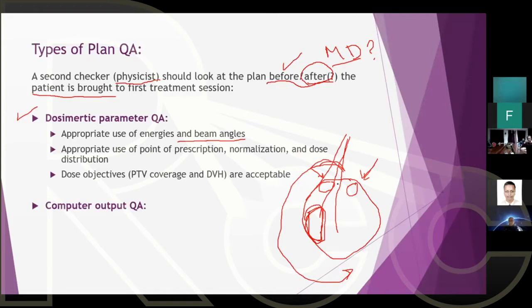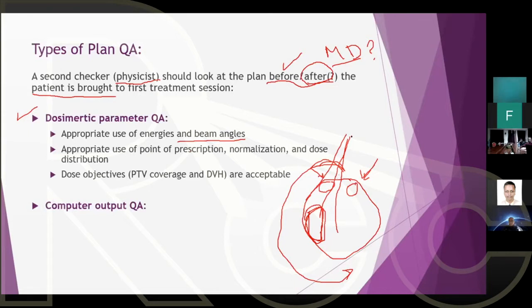So I contacted the planner and the radiation oncologist, and this is why you need to have a second checker, a physicist, to look at all these parameters, even though the plan has already been approved by the radiation oncologist. Because you might not notice some low isodose going there.